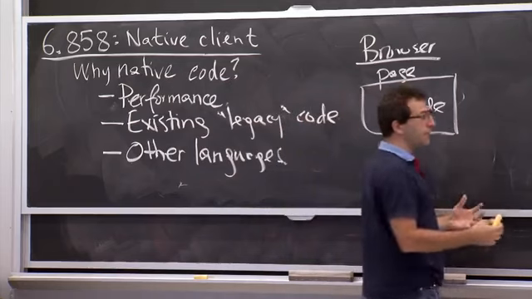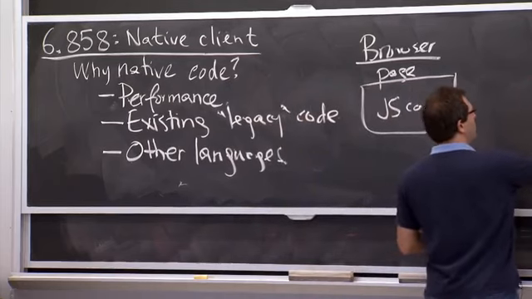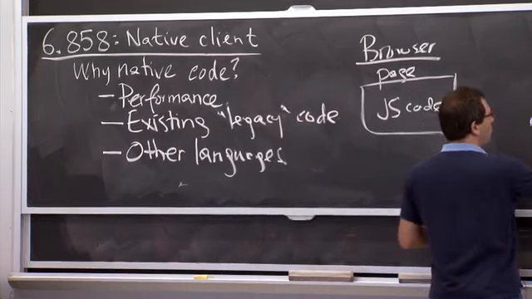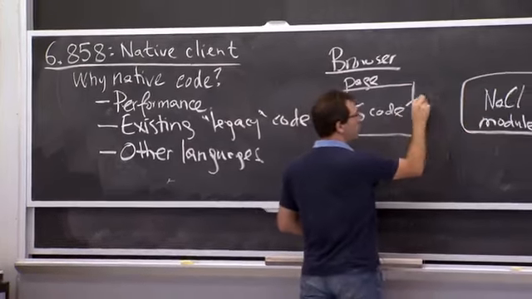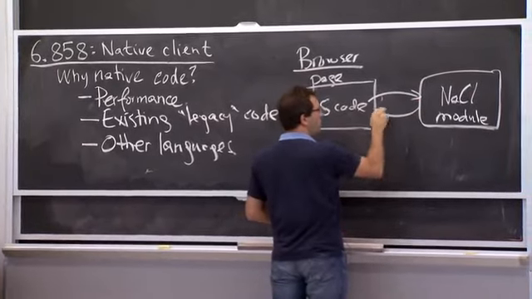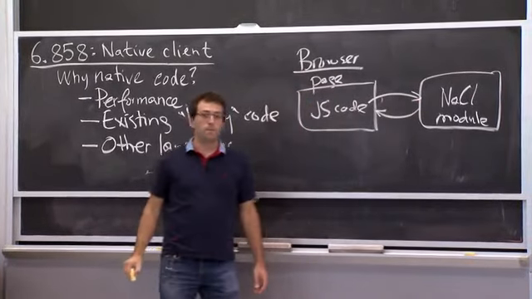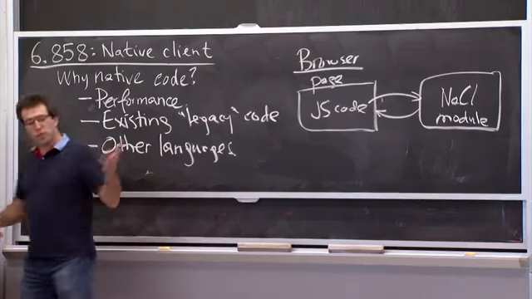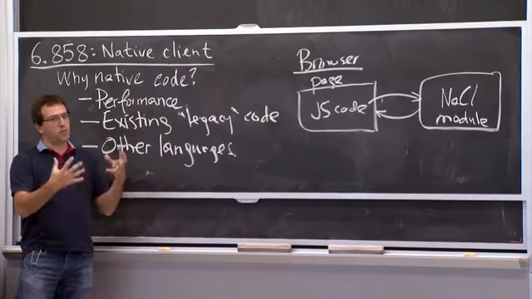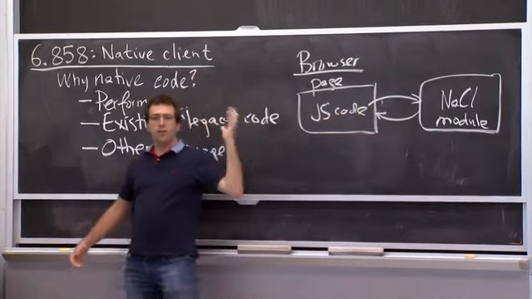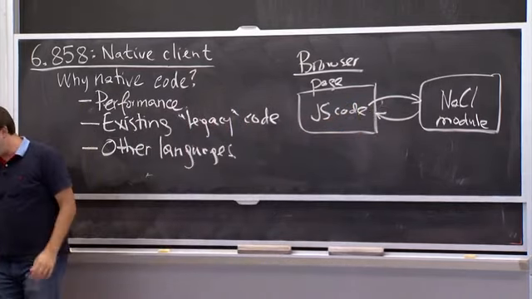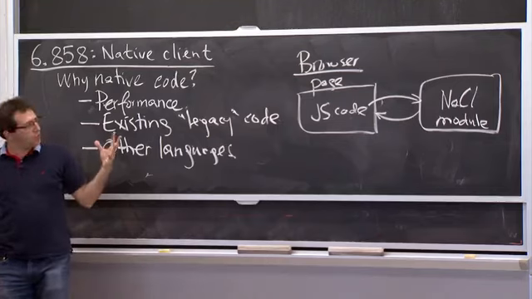But what Native Client allows you to do is to have this native client module running to the side in the browser as well. And the JavaScript code can actually interact with the native client module and get responses back. And what you see here in this web page is the little bit of JavaScript code that's necessary in Native Client to interact with the particular NaCl module that we're going to be running. And you can send messages to this module.